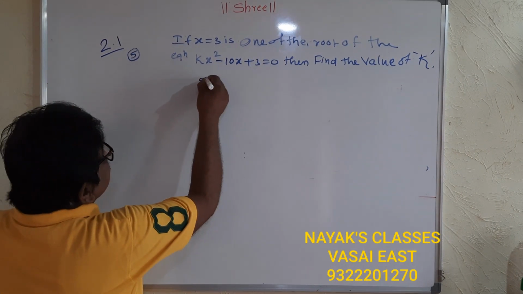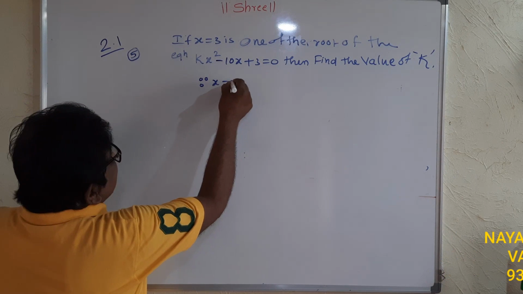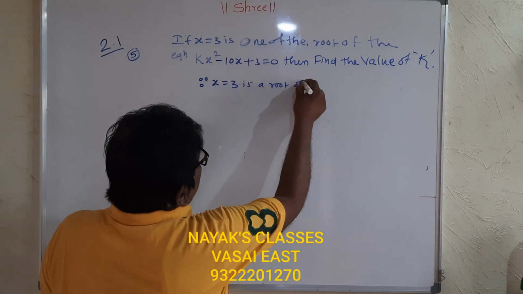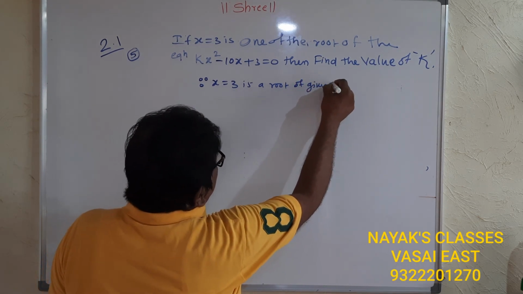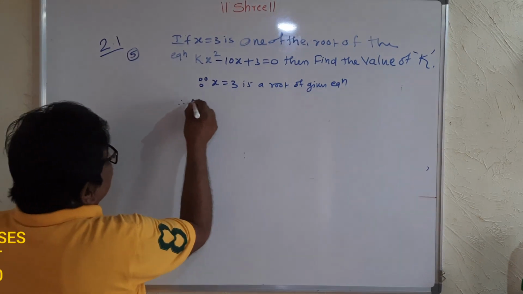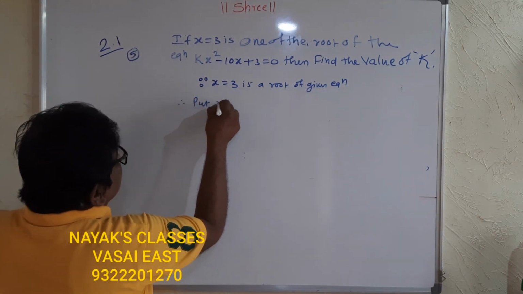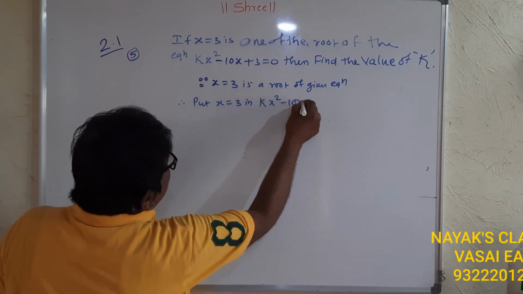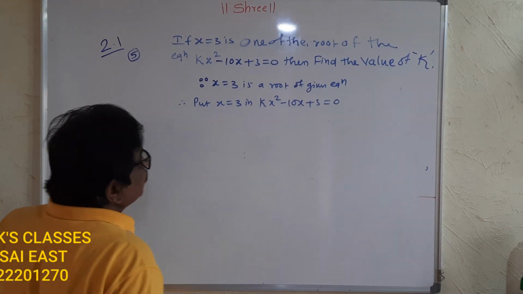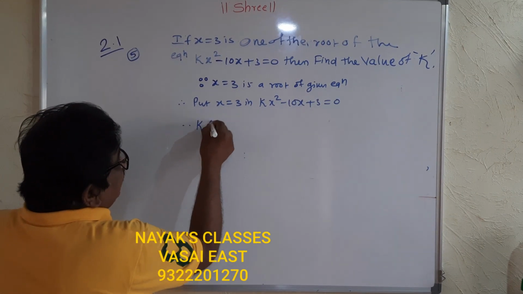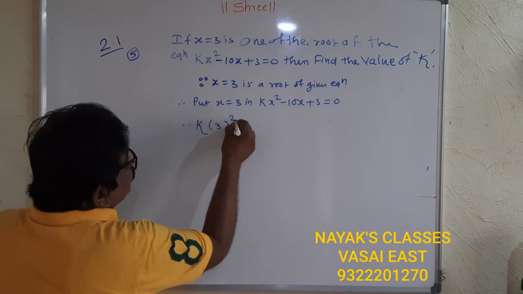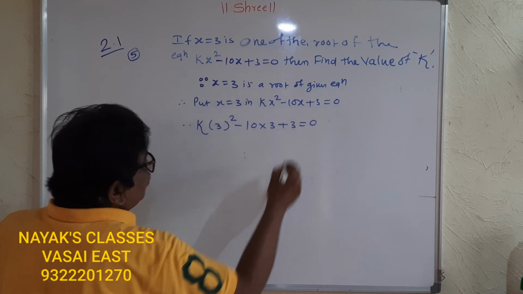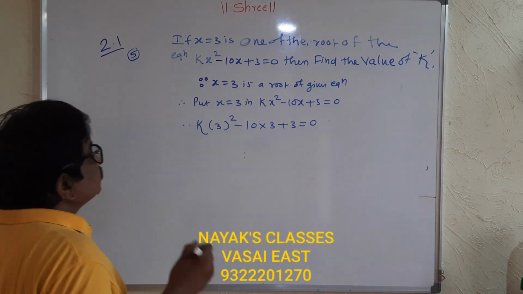Since x equal to 3 is a root of the given equation, put x equal to 3 in kx square minus 10x plus 3 equal to 0. Therefore k into 3 the whole square minus 10 into 3 plus 3 is equal to 0.